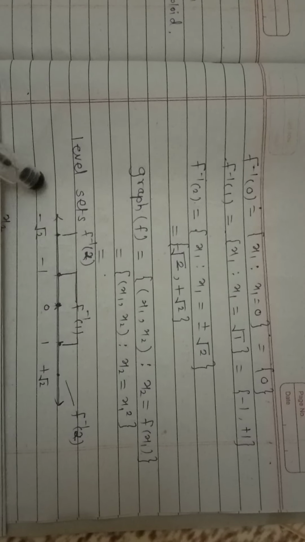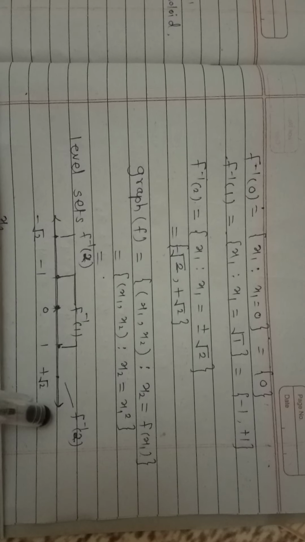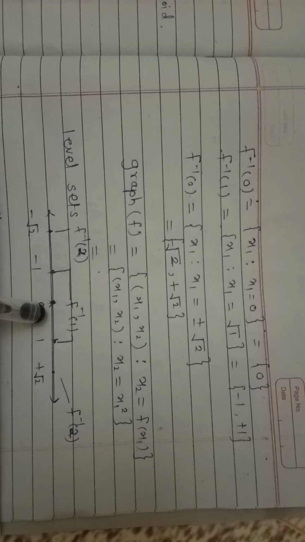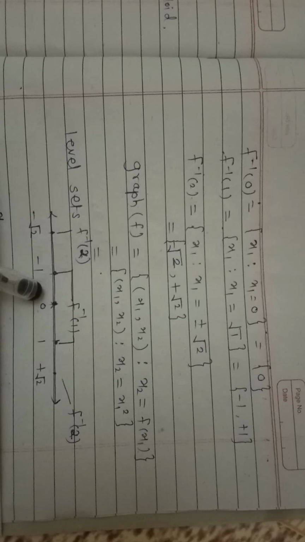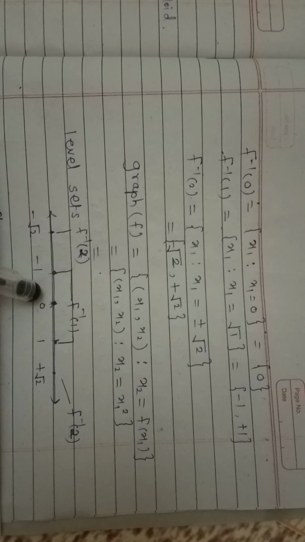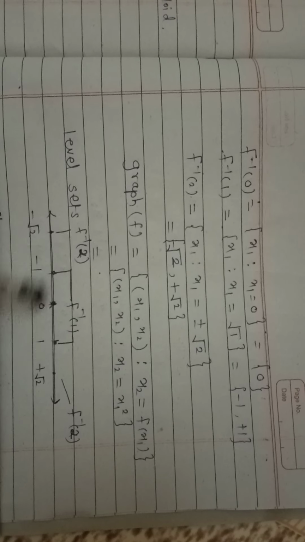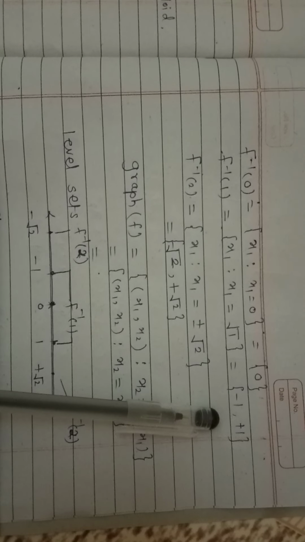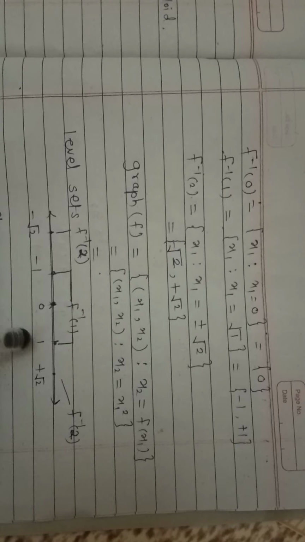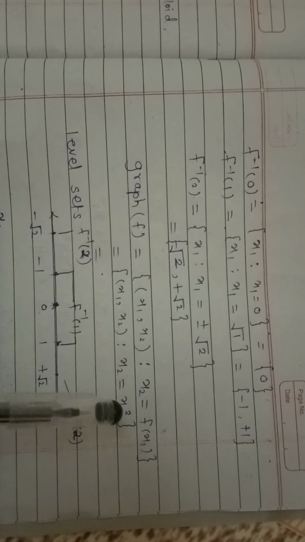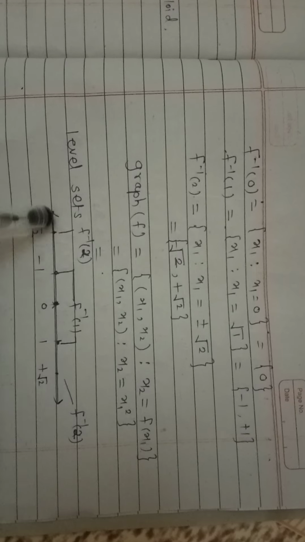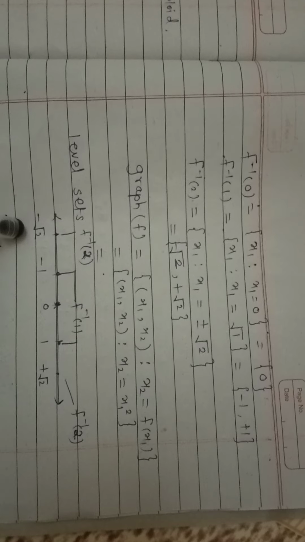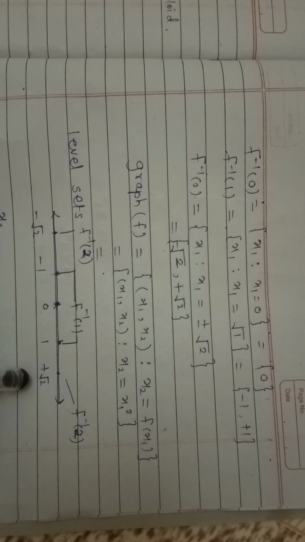So if we draw a straight line, the real line, if we take the first point as 0, then I will take the next two points, minus 1 and plus 1. Again I will take on that line minus square root of 2 and plus square root of 2.